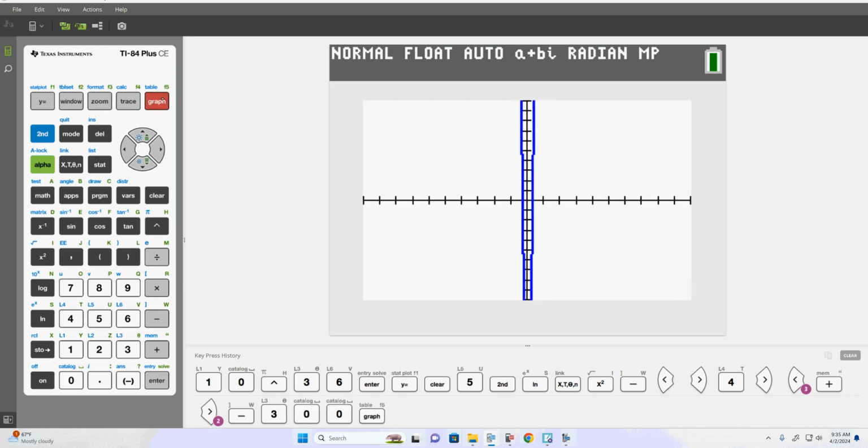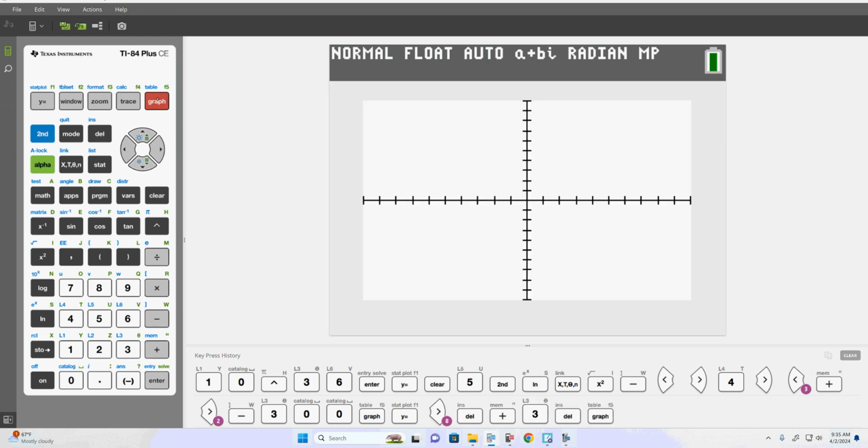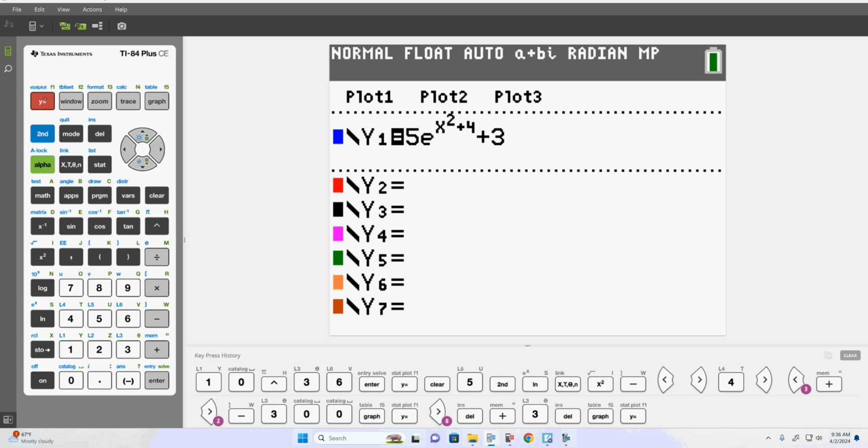That's why it's minus 300. So we get this kind of shape here. Now, if we look at the function just as it was, plus 3, it doesn't show up at all. It's just that the numbers are that big. So we get a kind of U-shaped graph to it.